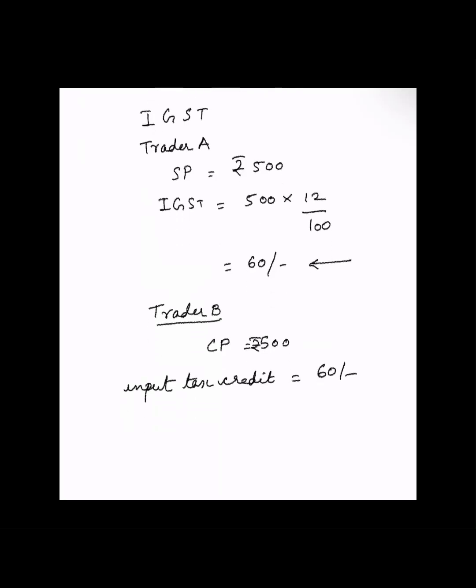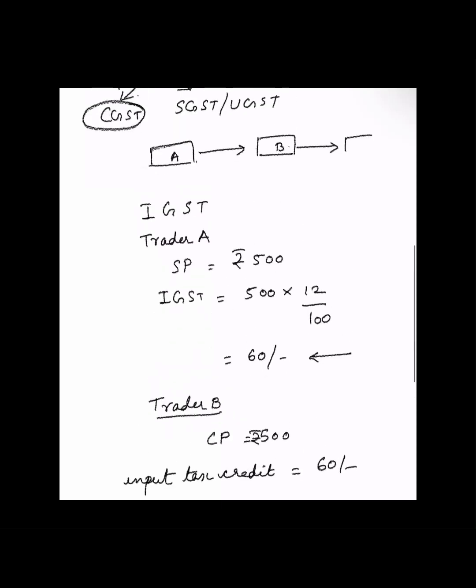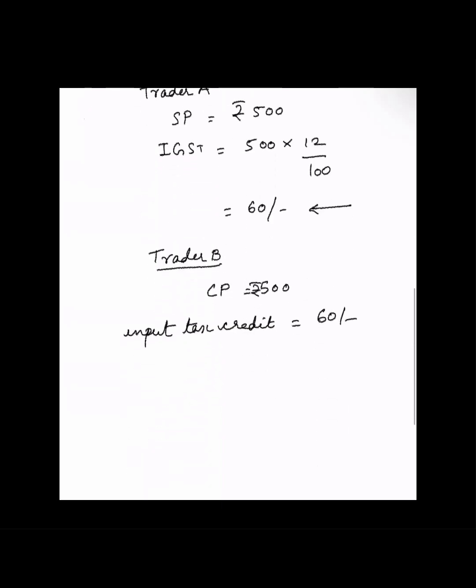Now, what is the next step? Trader B sells the same goods to trader C at a profit of rupees 200. So trader B is selling at a profit of 200, which means SP will be 500 plus 200, that is 700 rupees.